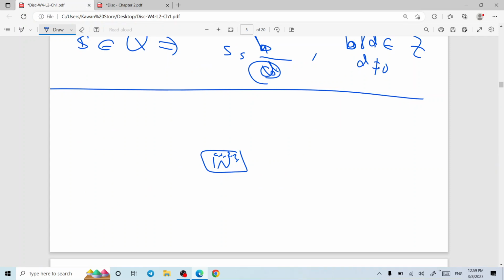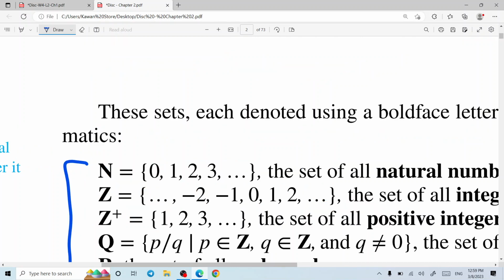How about Z, the integer numbers? We say Z is equal to positive N or negative N. What do you mean by that? We mean, for example, we have 0, 1, 2, 3, and also negative 1, negative 2, negative 3. So that's why we call it Z. Look here: that's natural, and that's Z: 1, 2, 3, and go on, and minus 1, minus 2, and so on. How about Z positive?